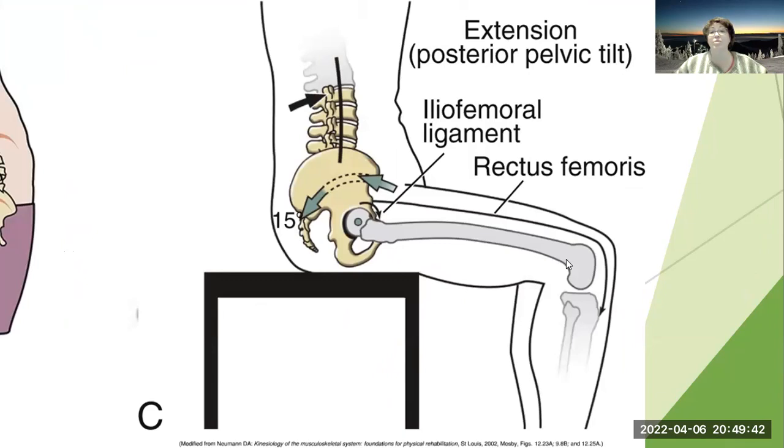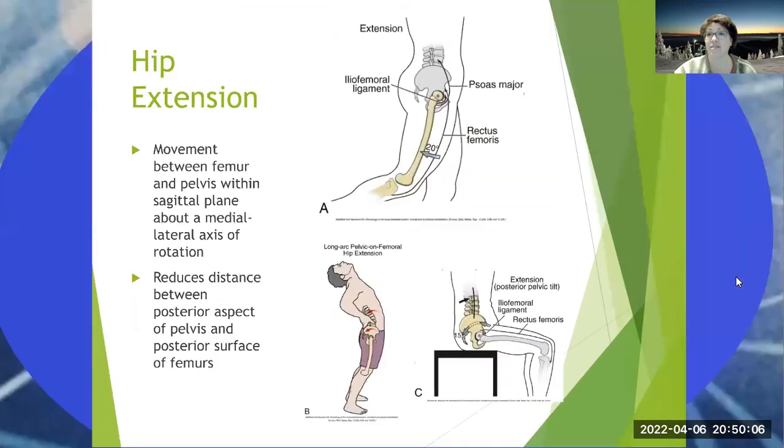And in a posterior pelvic tilt, you get relative lumbar flexion. In an anterior pelvic tilt, you get relative lumbar extension. So we'll talk a little bit more about anterior and posterior pelvic tilts and which force couples of muscles work to do those rotary motions. That's in a later lecture.